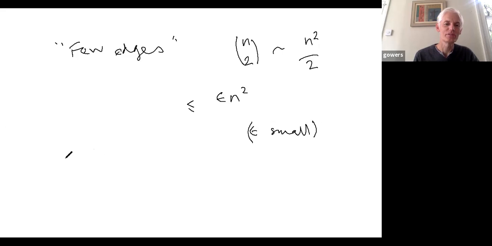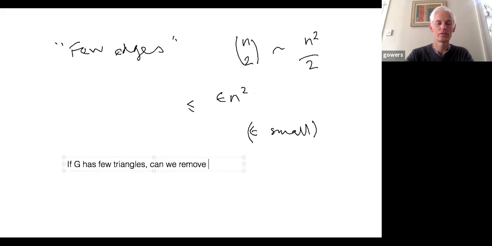So the question is very simple. So if G has few triangles, here's the big question.